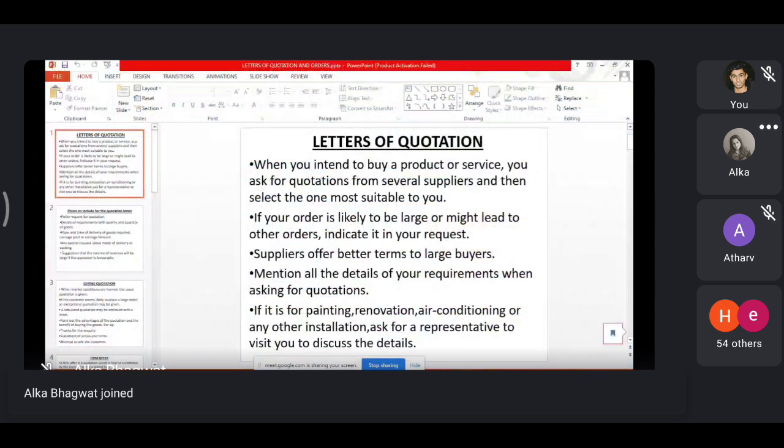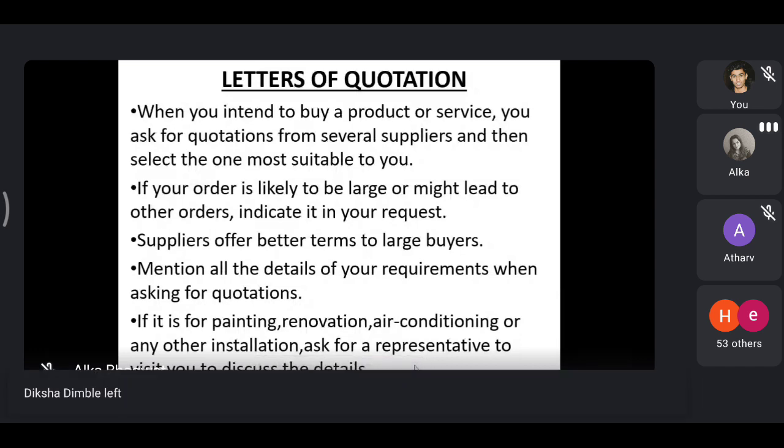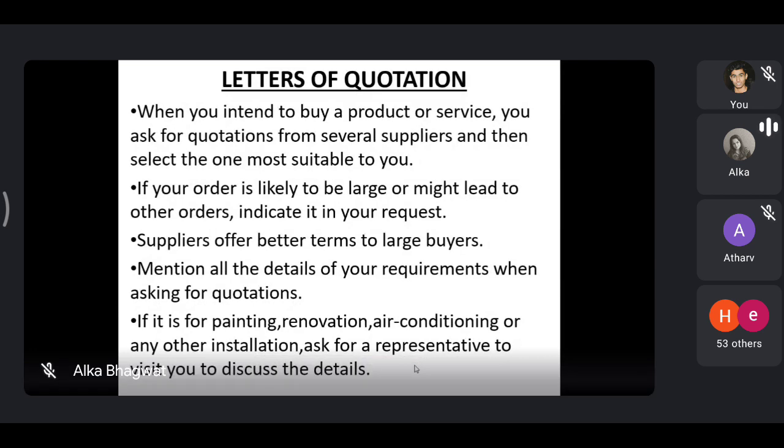Okay, only sales and marketing? We don't need to order cutlery, crockery, chairs, furniture? Yes, linen. So many things we need to order. Don't you think so, students?